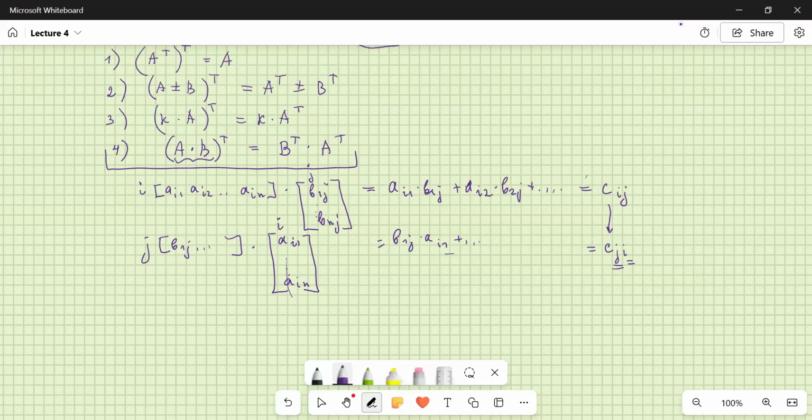Now, if you put index i after j, it's going to become a column, like we used to have it, column i. And here, if you put index j first, and then 1, 2, 3, 4, n, you are going to have the row of j. But what does it mean? If you switch indexes here, it means that you are going to turn matrix B into transpose. So it's going to be B transpose. And if you switch indexes here, it's going to turn matrix A into A transpose.